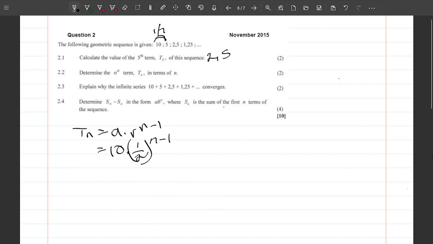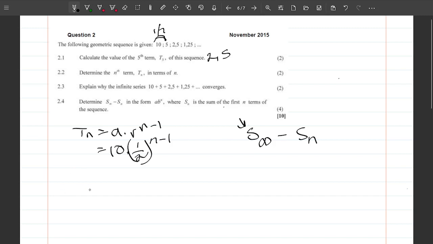Okay. So for this question, we must determine S to infinity minus S to n in the form a times b to the n, where S of n is the sum of n terms. So let's first figure out S to infinity.